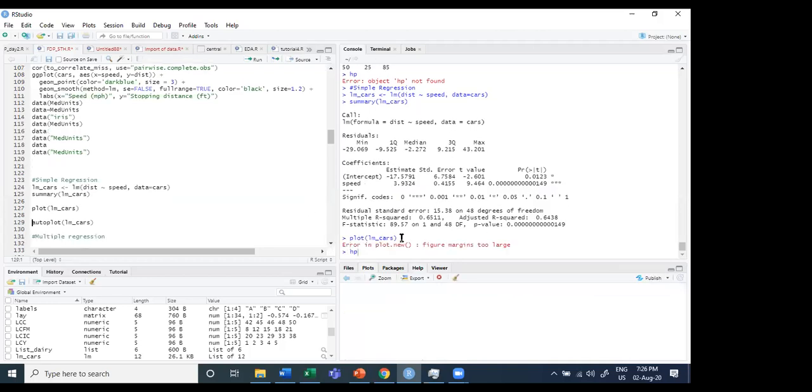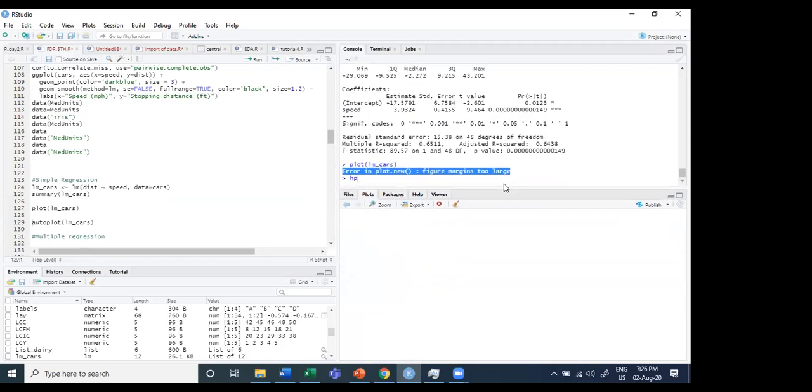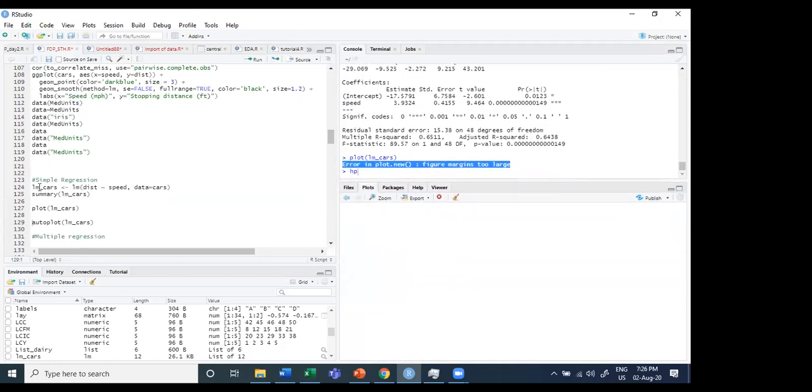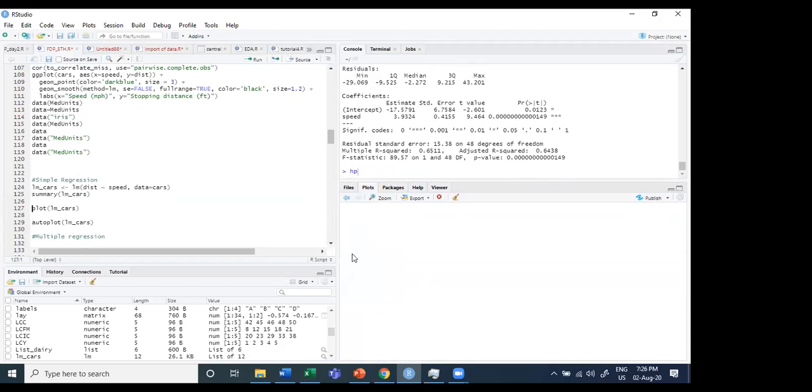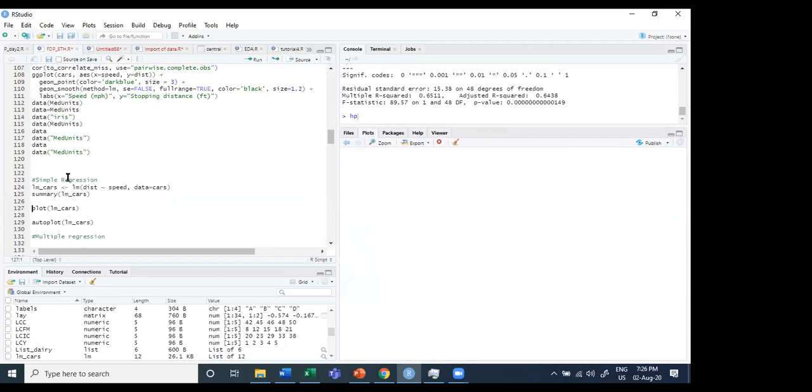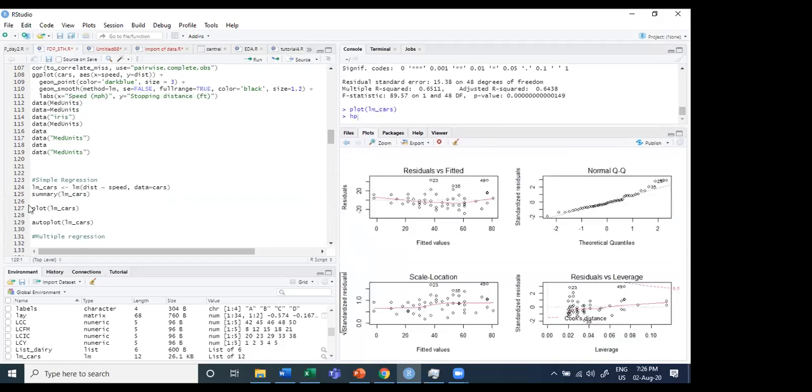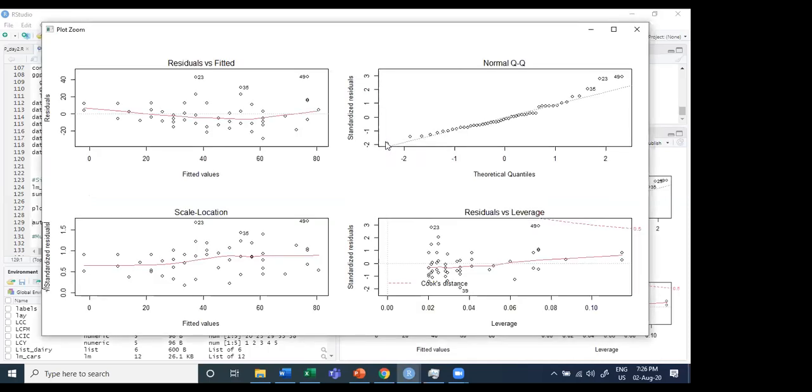If this error shows, what to do? Large figure error. So increase the space of your plot area here. Graphical analysis, you will get the results. Now you are able to plot it here. So you try it and you can plot the details. We will zoom to see it.